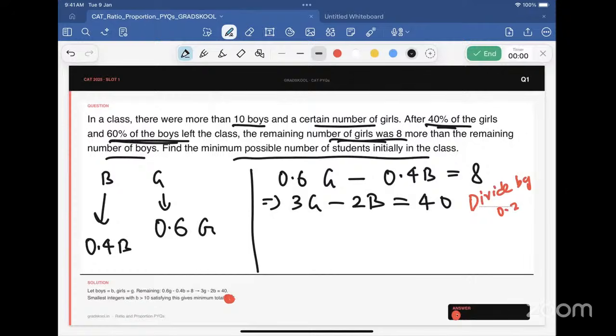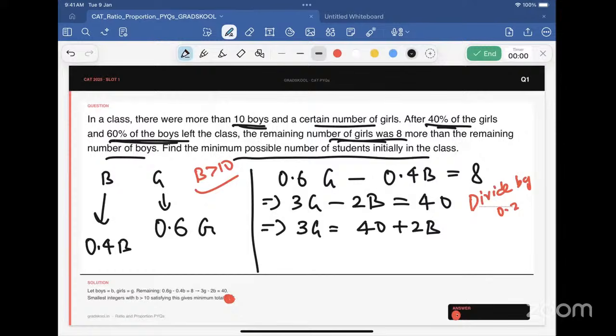Now it says there were more than 10 boys. So B here is greater than 10. That is given to us. B is greater than 10, guys. So now I can write 3 times G should be equal to 40 plus 2 times B. Is that clear?